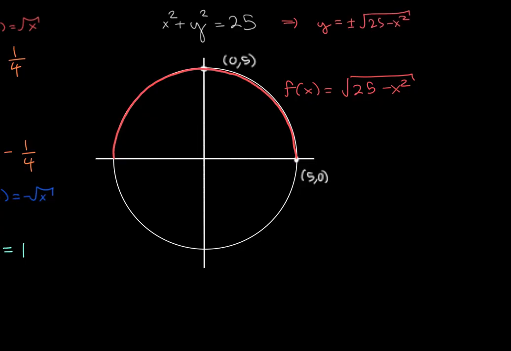So there are two curves that satisfy this equation: the positive and the negative root of 25 minus x squared. Those of you watching this video, hopefully you understand that this curve is the other curve. That negative square root of 25 minus x squared, let's call this g of x.